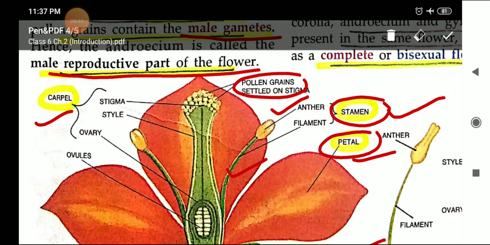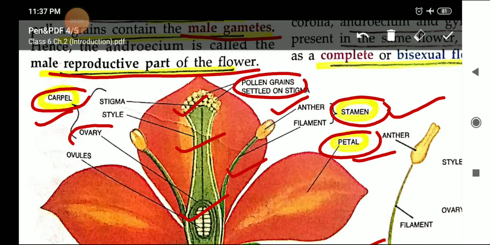The fourth innermost whorl of the flower is carpel, which has three main parts. The swollen basal part is ovary, then the stalk is known as style and the sticky tip is known as stigma.